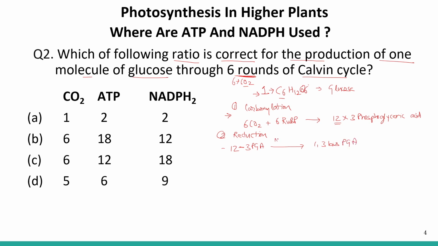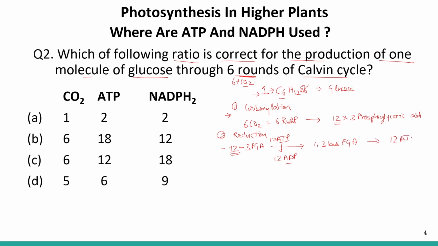And here ATP is used. How many ATP? 12 ATP will be used because 12 molecules are present here. 12 ATP are used, and it will be converted into 12 ADP. So this you have to note here in this step.